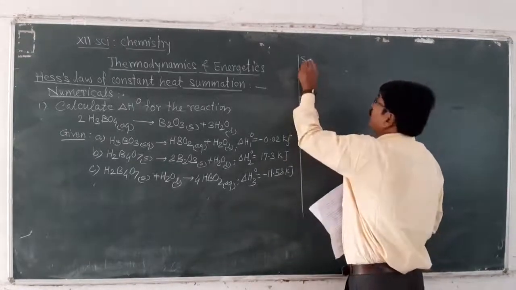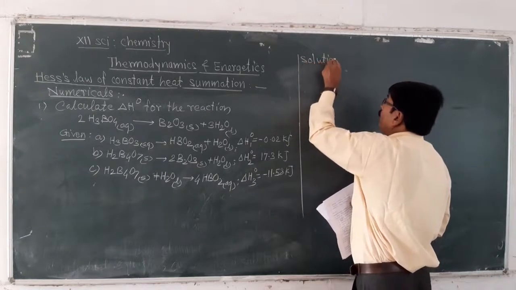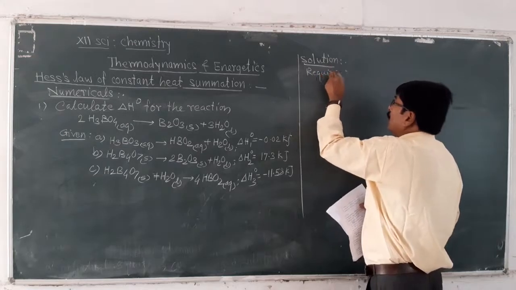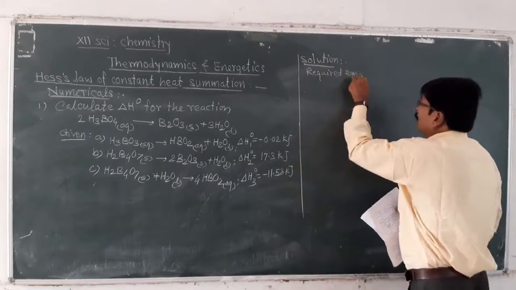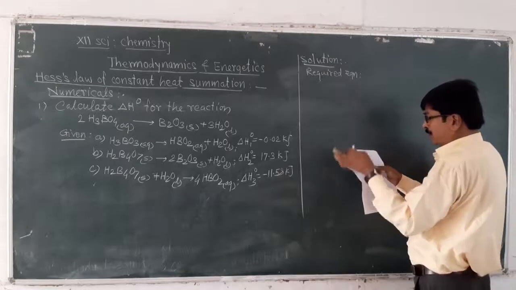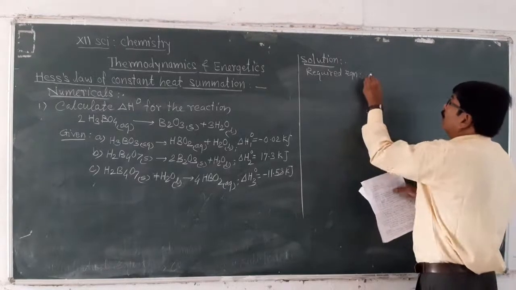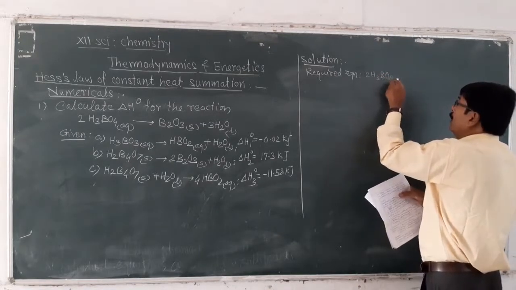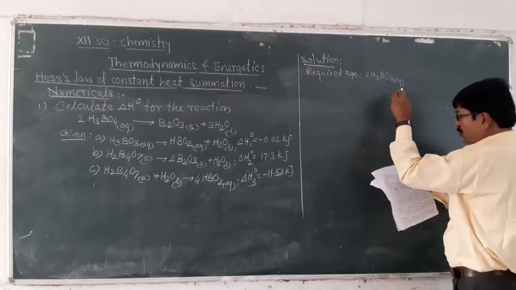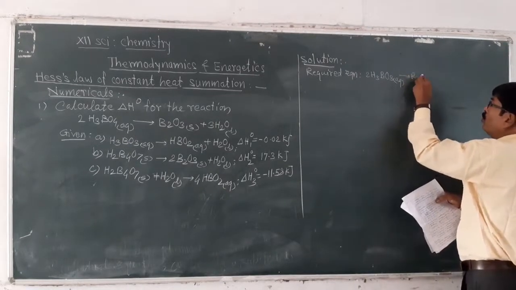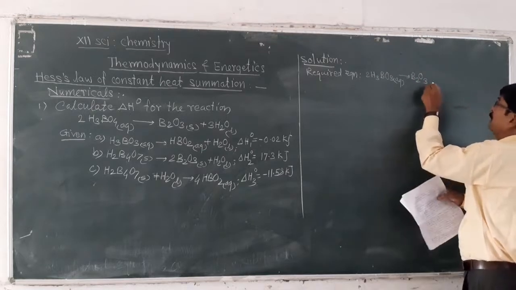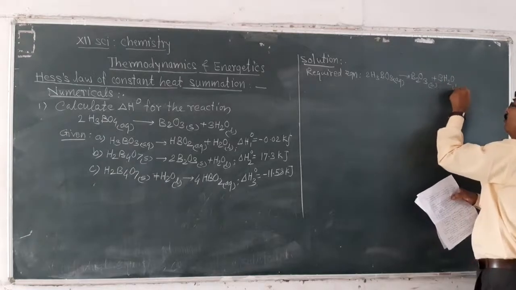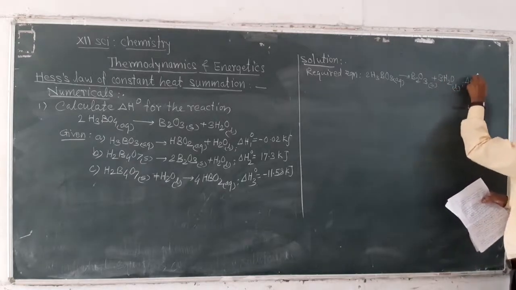Now solution. Required equation is what? It is given: 2 H3BO3 aqueous gives B2O3 solid plus 3H2O liquid, and we have to calculate enthalpy of this reaction.